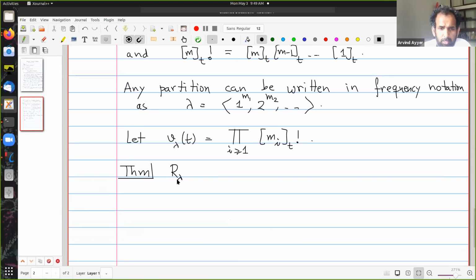So R lambda of x1 up to xn, t can be expanded over partitions mu.